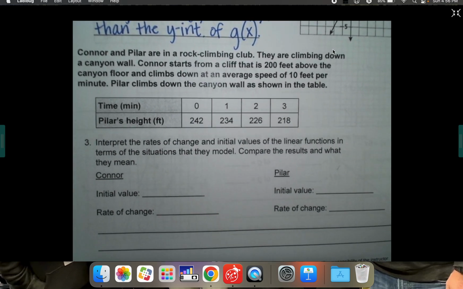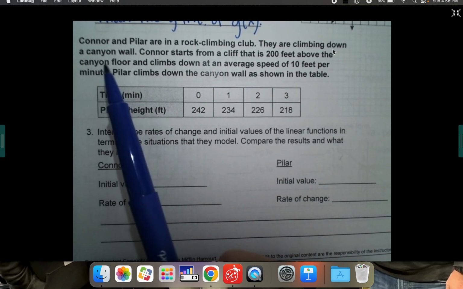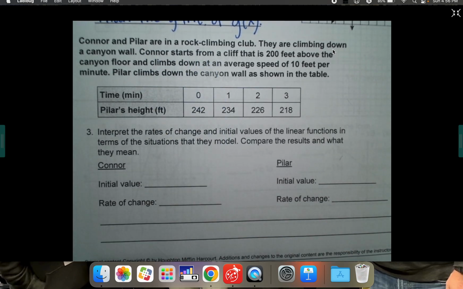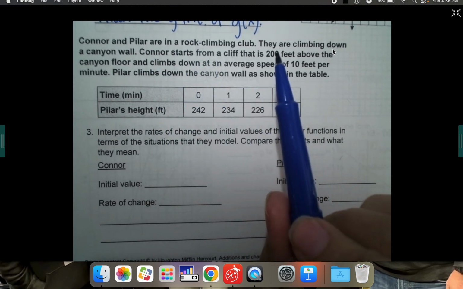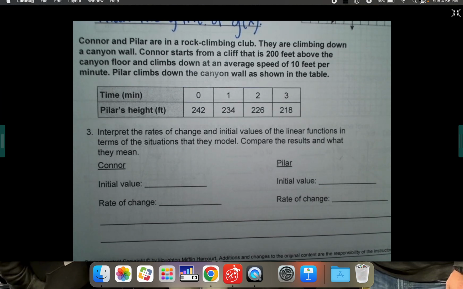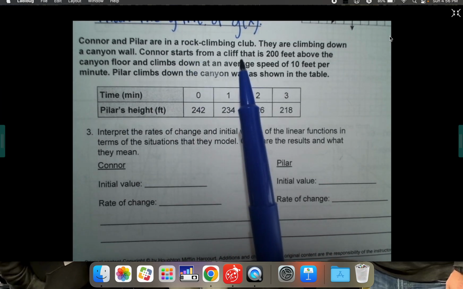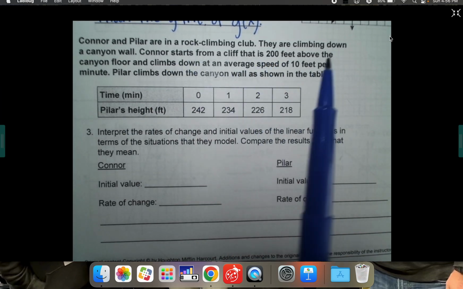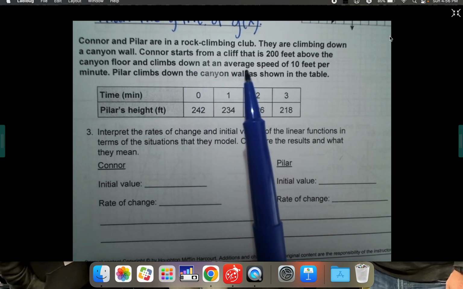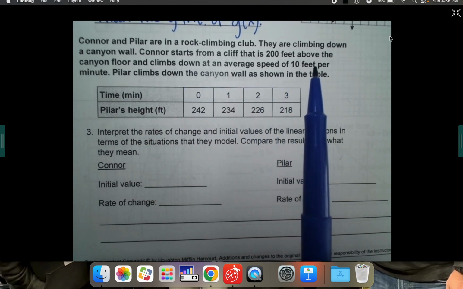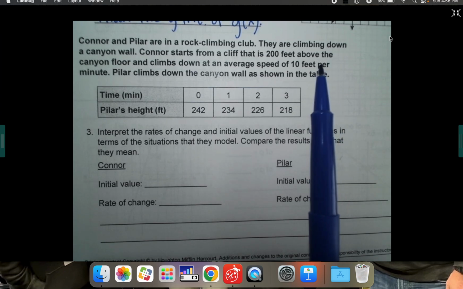Okay, now we've got a word problem about two friends, Connor and Pillar, who are rock climbing in a rock climbing club. They're climbing down a canyon wall. Connor starts at the cliff 200 feet above the canyon floor and climbs down at an average speed of 10 feet per minute, where you're going to put your x.